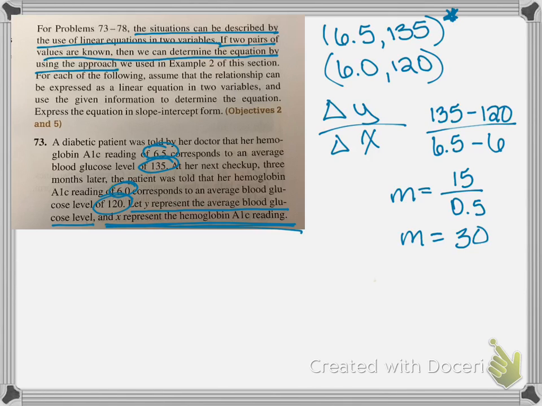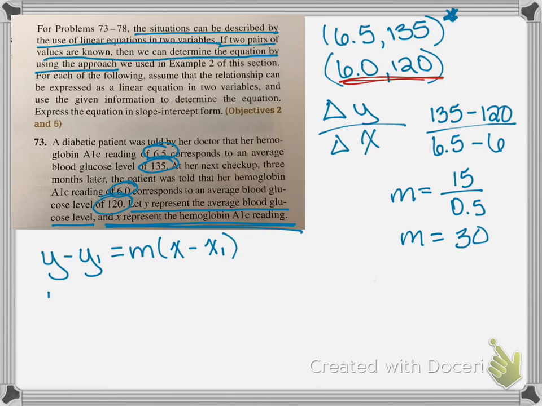So I can use either point. So I'm going to do y minus y sub 1 equals m times x minus x sub 1. And I can use either one. It doesn't matter. Okay, I'm actually going to use my second one for this because I'm not dealing with any decimals, I'm sorry, not fractions.